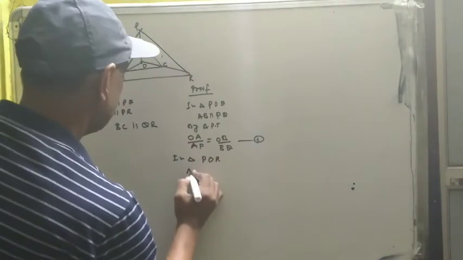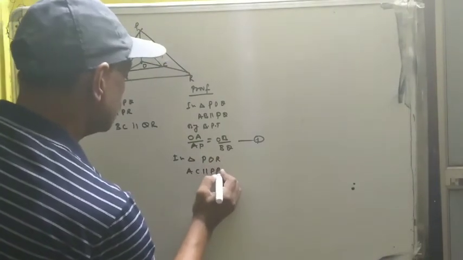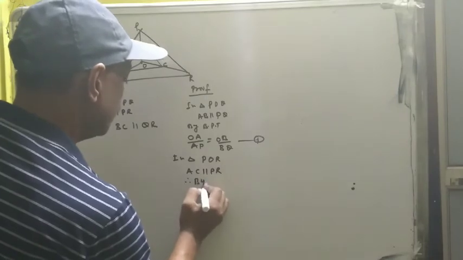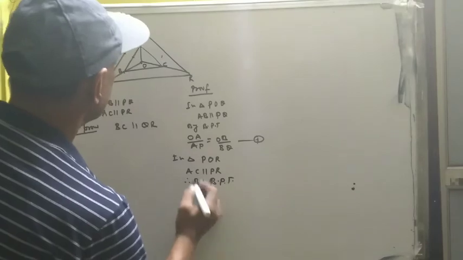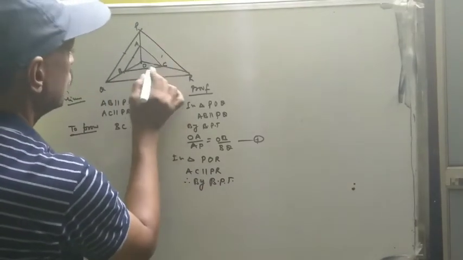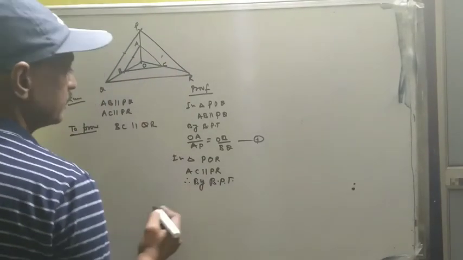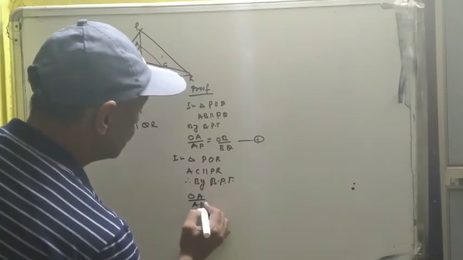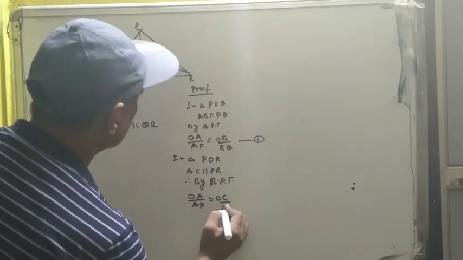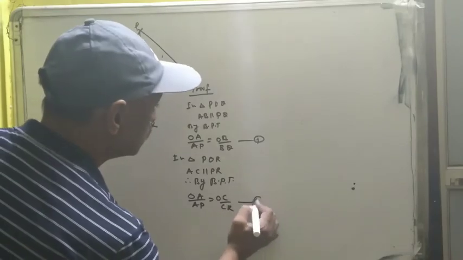Here it is given that AC is parallel to PR, therefore by BPT we can write OA upon AP equal to OC upon CR.